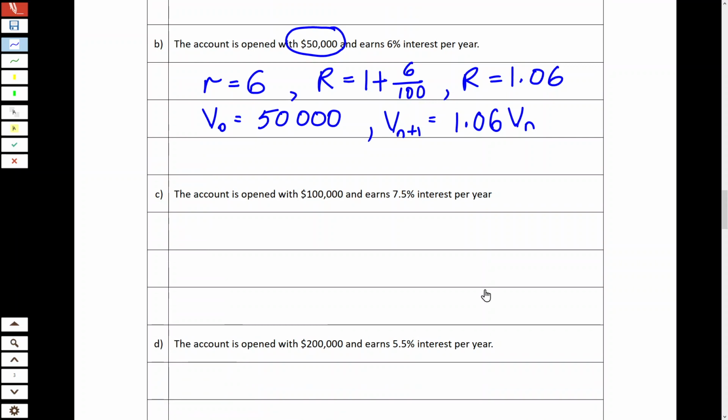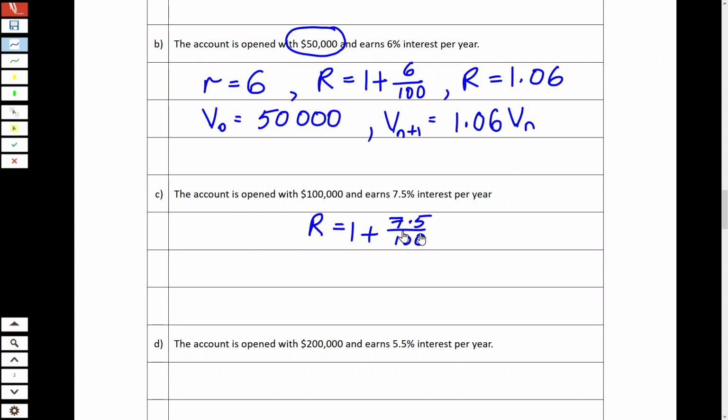Okay. You guys starting to get the hang of this? Yes. All right. Bruce, what's my interest rate here? 7.5%. Can you talk me through how I might get capital R? Well, you would go 1 plus 7.5 over 100. Good job, Bruce.